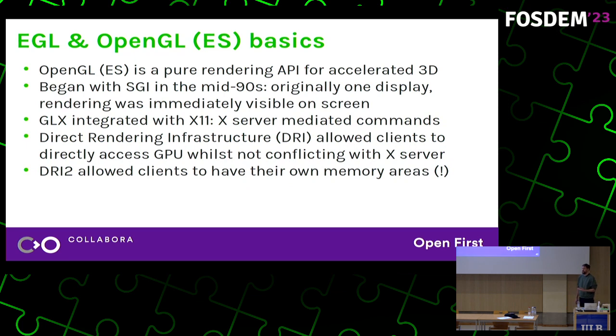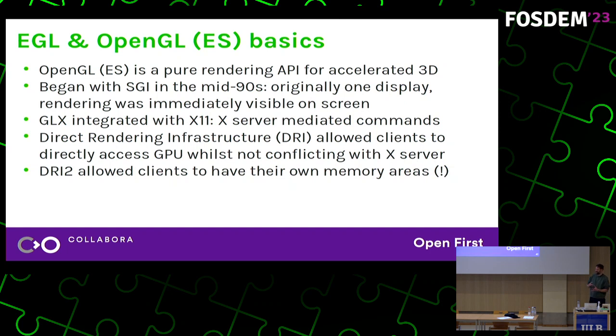So then SGI realized that they needed some more nuance. They brought in GLX, which was the first go at integrating OpenGL with the windowing system. So originally it had the X server actually processing all the commands, and that was terrible. So we came up with DRI, for direct rendering infrastructure, and that let the clients actually directly access the GPU.